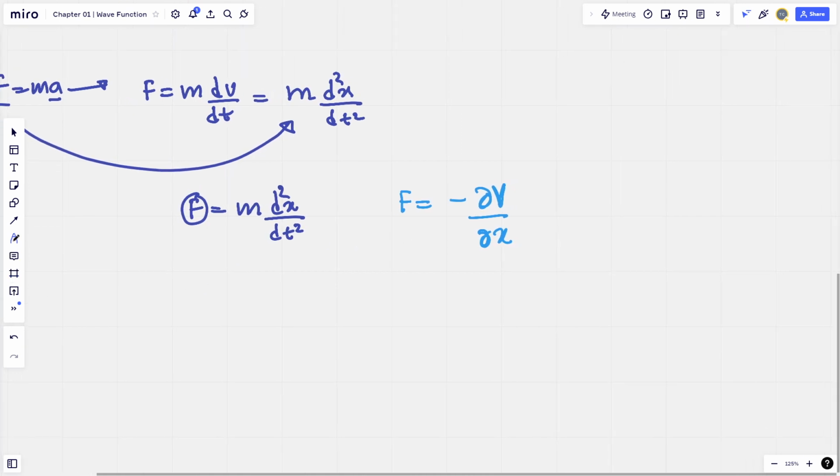If we combine these two equations, we get the partial derivative of V over x, with a minus sign. The minus sign is just a sign convention. We don't have to worry about that.